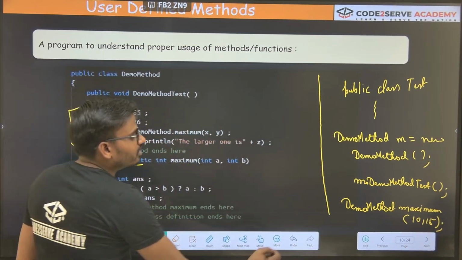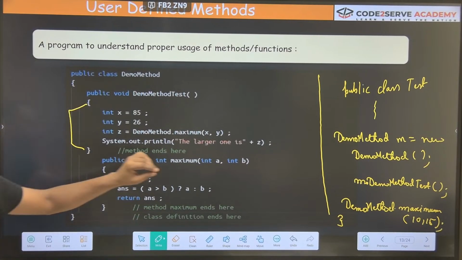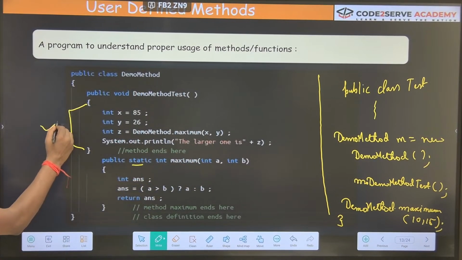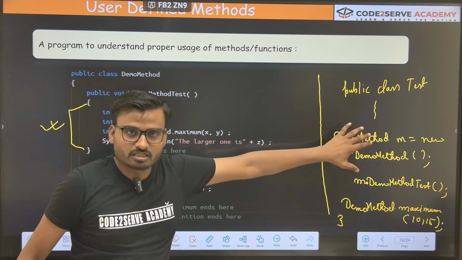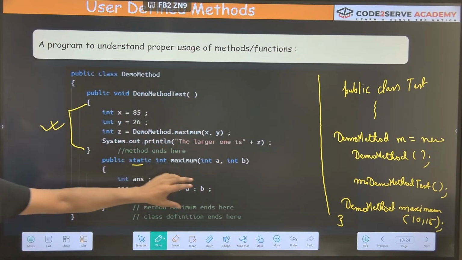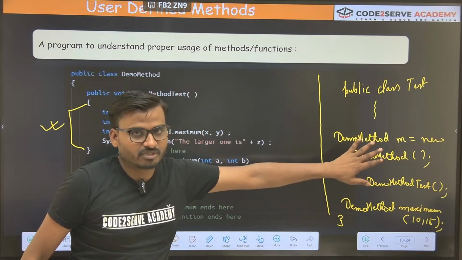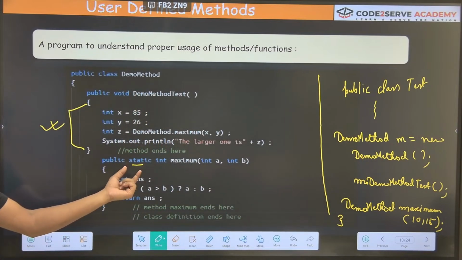So you see over here, there are two separate logics that you have to keep in mind. One is that this method we can only call by creating an object, and this method we can directly call without creating an object. Got it? Why? Because in this method we have declared static.